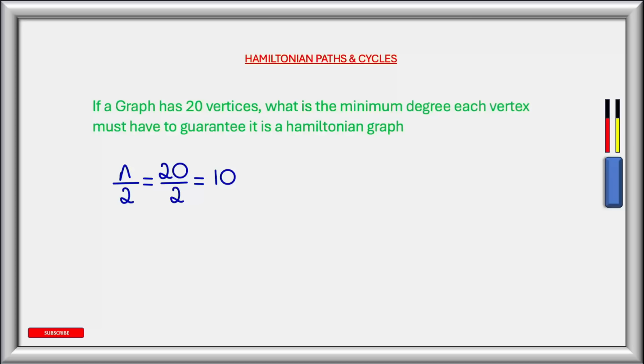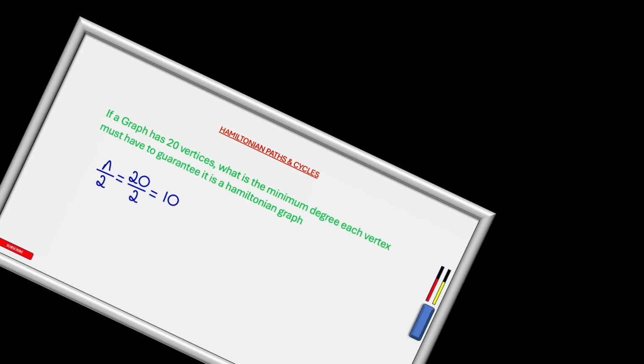So in the graph described here, n is equal to 20, but 20 divided by 2 is equal to 10. So for it to be guaranteed a Hamiltonian graph, each vertex must have a degree of at least 10.